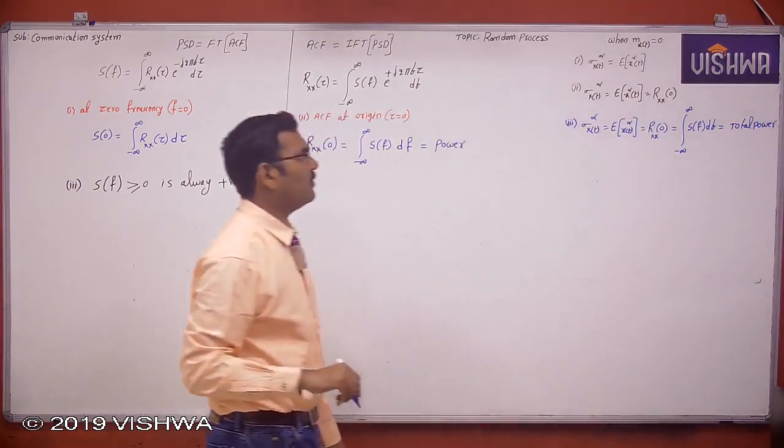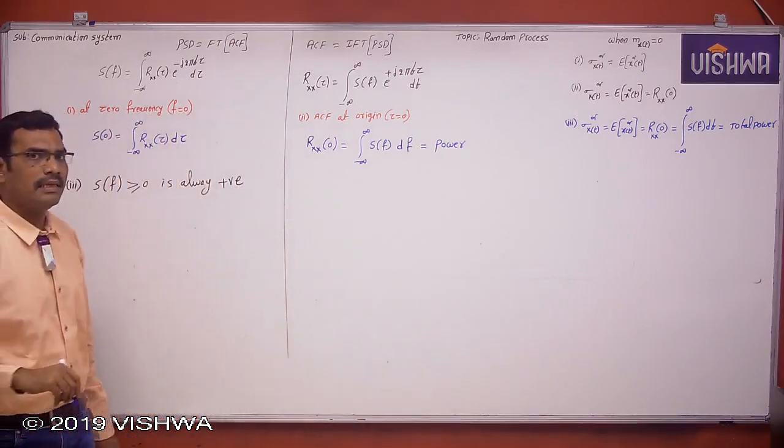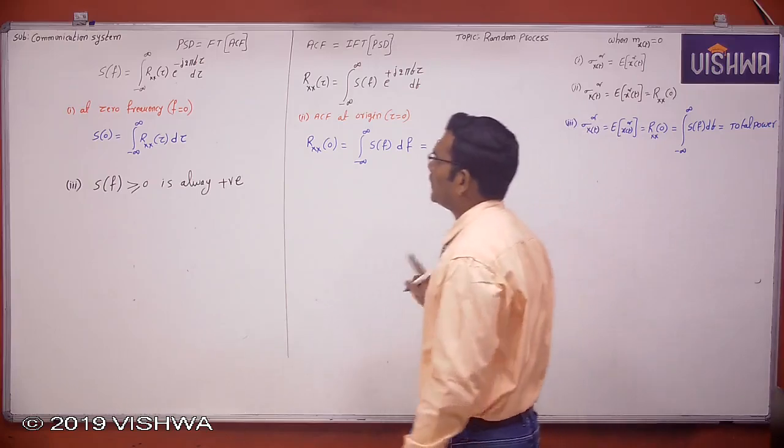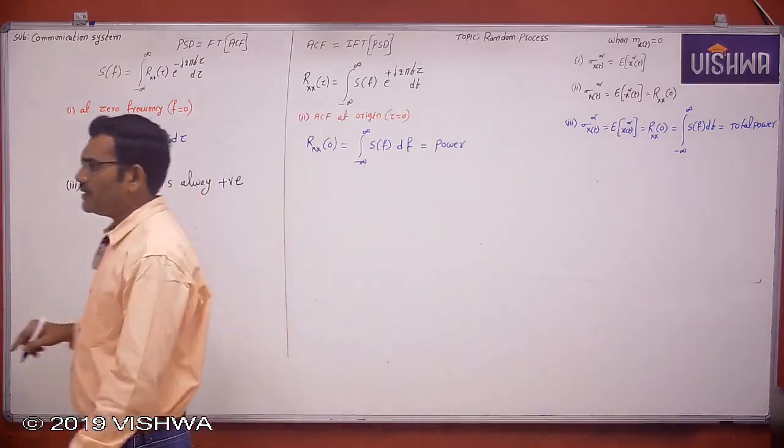All are the same when the mean is equal to 0. All these relations hold when the mean equals 0. Now, this is the power spectral density and autocorrelation function relationship.